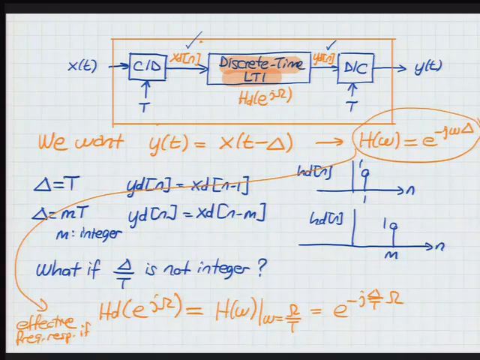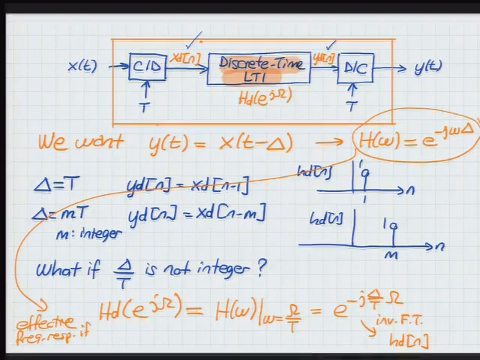Does that make sense? So then the question will become, what is Hd of n if this is Hd of e to the j omega I want, right? So what is the inverse Fourier transform of this? And that will give me Hd of n. All right? That's the question.